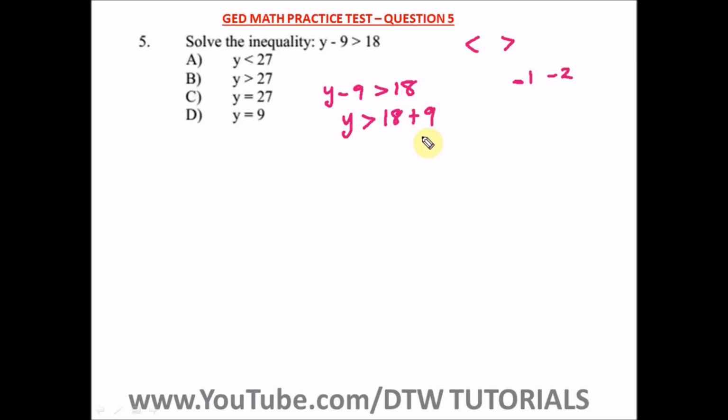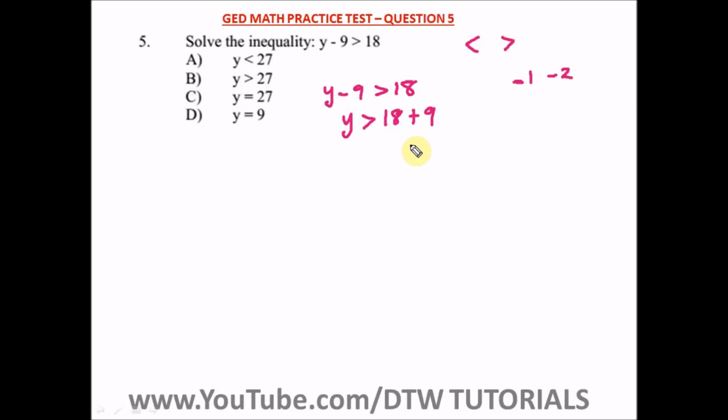If you don't understand the rules of your negative and positive signs during multiplication, division, addition, there's a video on the DTW channel, I think the title is understanding the rules of positive and negative signs. I'm going to drop the link of the video in the description box.